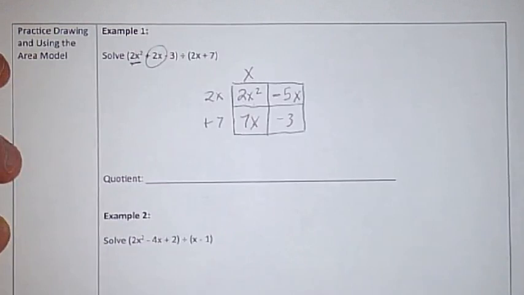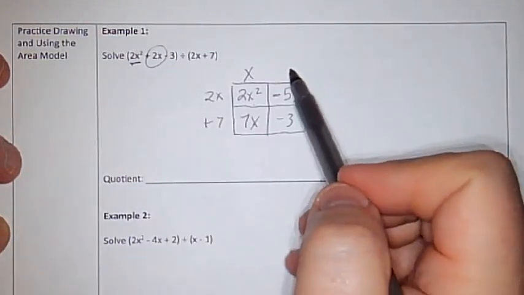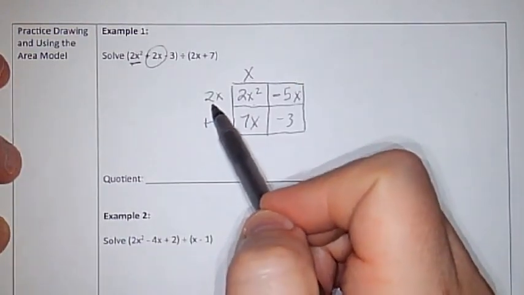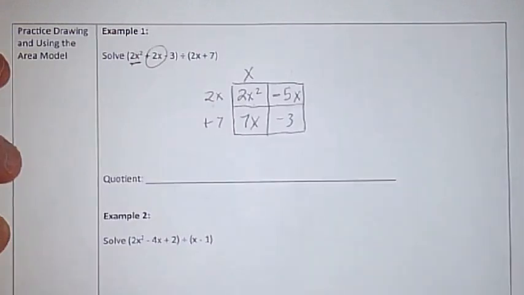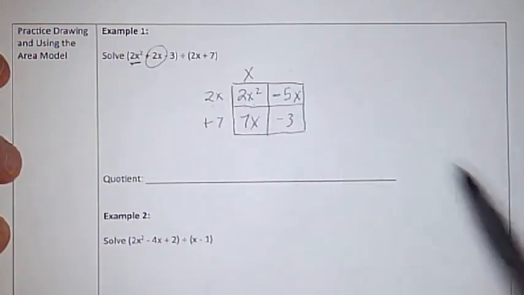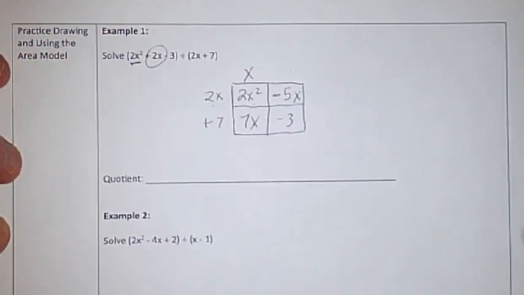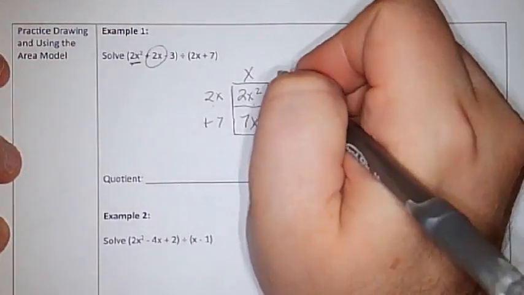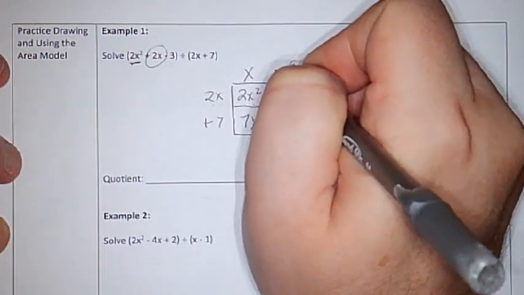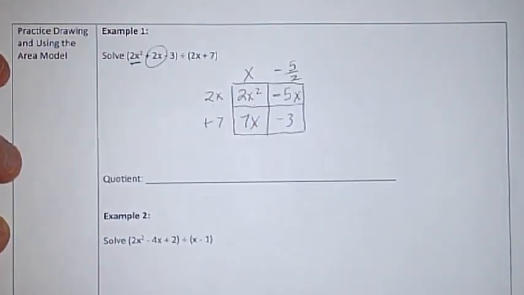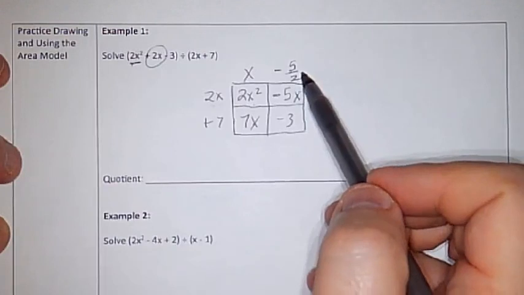So I say, what times 2x gives me negative 5x? That one's a little rougher. What times 2x gives me negative 5x? Negative 5 halves. Negative 5 halves times 2x gives me negative 5x.